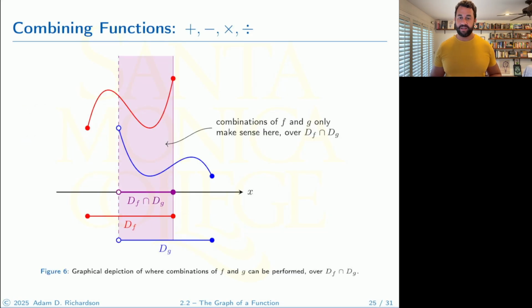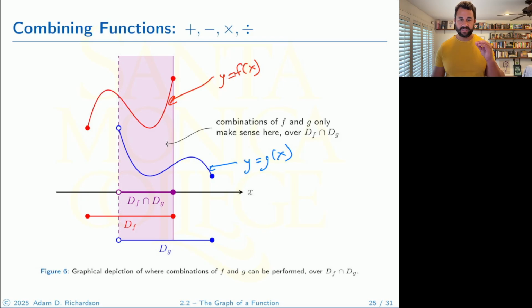So here I've got a really nice visualization of this. Here I've got the function f. This is the function f. This is the function g. And if we wanted to add those two functions, the only place that makes sense is over their intersection.